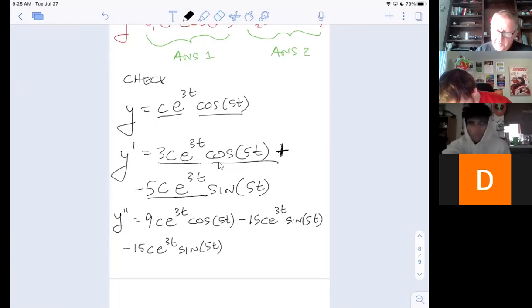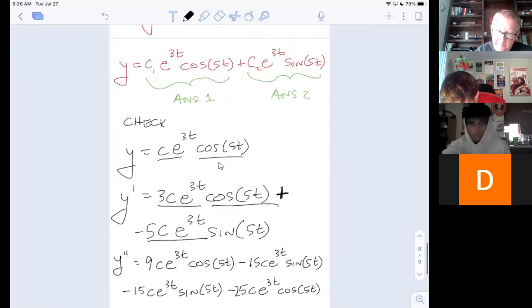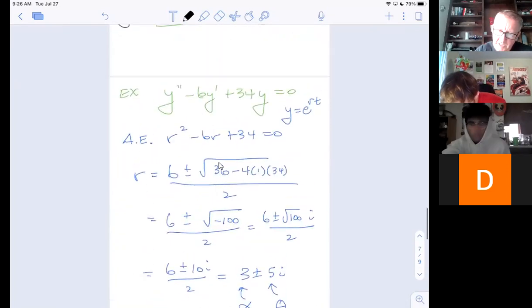But then I say, okay, then the minus 5ce to the 3t comes along for the ride, but now I got to multiply by the derivative of sine of junk, which is cosine of junk, but times the derivative of the junk. So 5, I got to multiply 5 times 5 again, so now it'd be 25. Do you agree now that I have all my ingredients for my recipe?